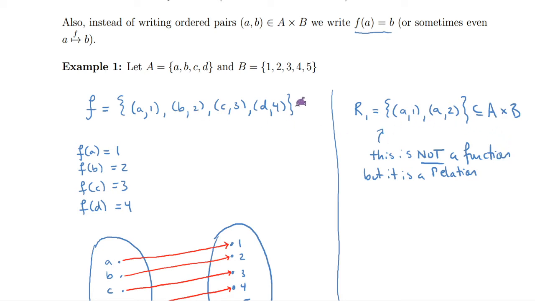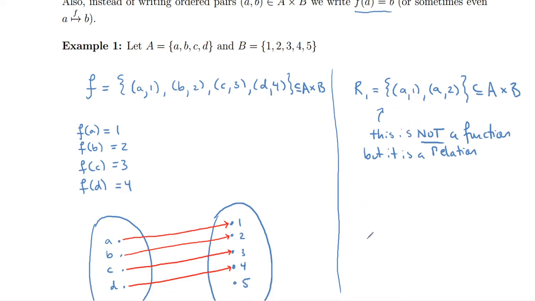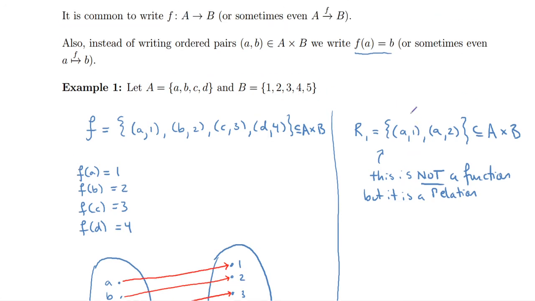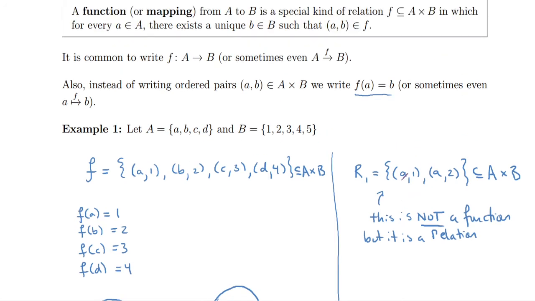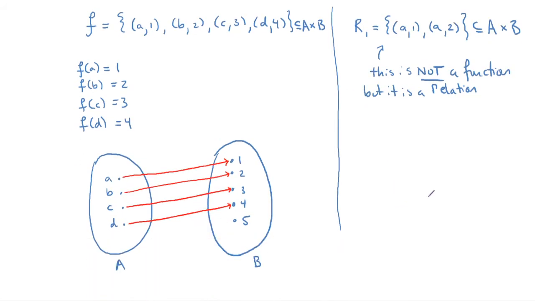Over here, F is also a subset of the Cartesian product of A and B. So it is a relation, but it happens to satisfy this additional condition that we're requiring. This actually fails 2 things. It fails the condition that says everything in A has to get mapped somewhere, and it has to get mapped to a unique B. So it actually has 2 problems with it, right?